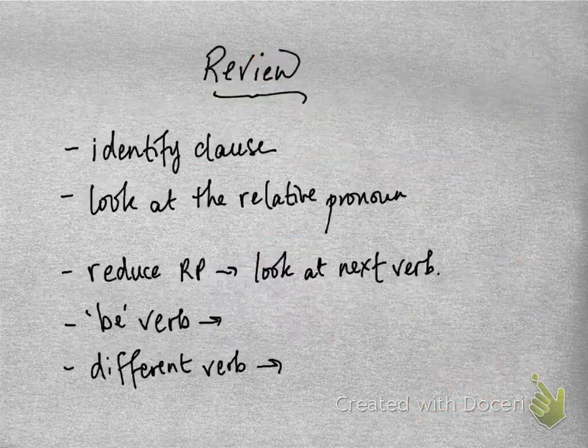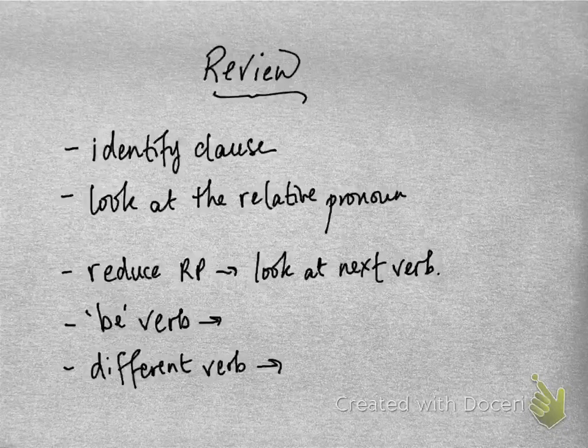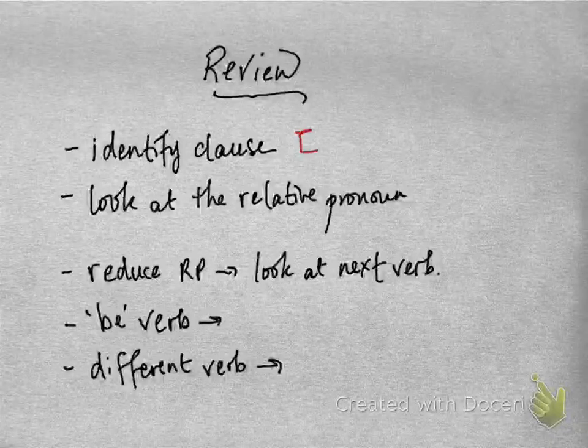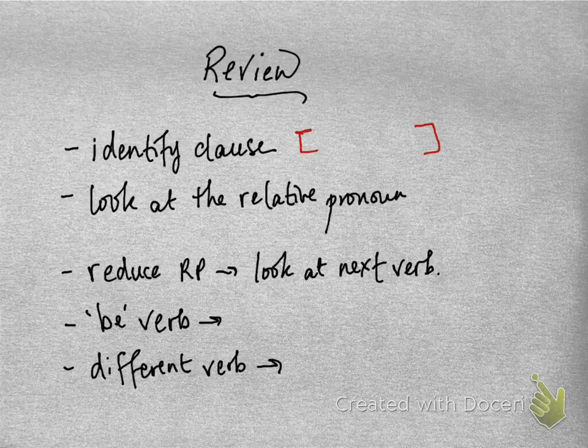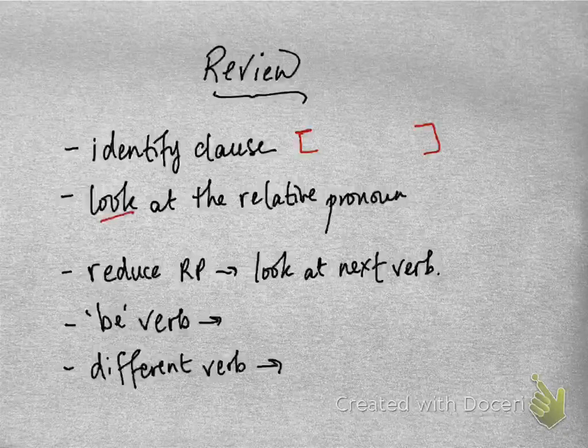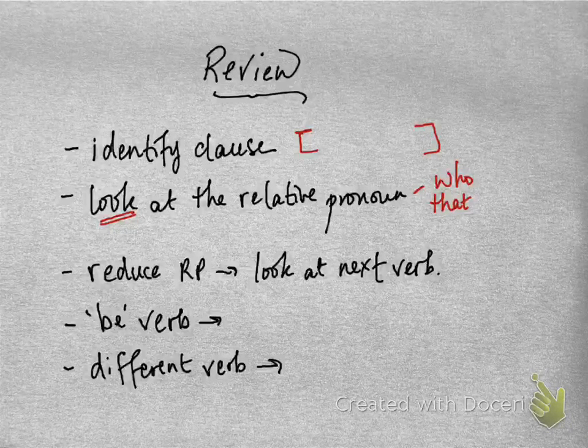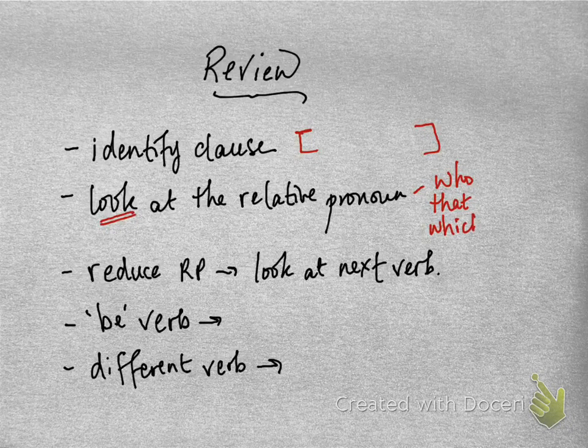So just as a final review, what you need to do is identify the clause in the sentence. So put your brackets like this around the clause in the sentence. Look carefully at the relative pronoun. Those are the words like who, that, which.